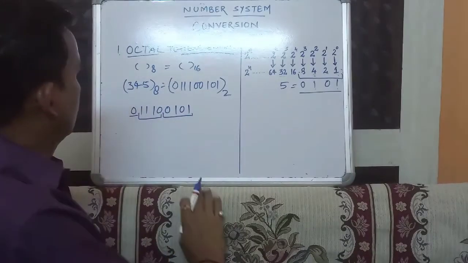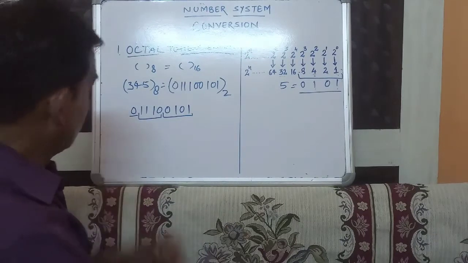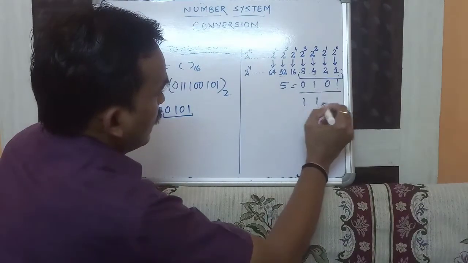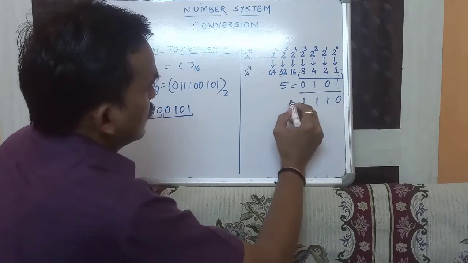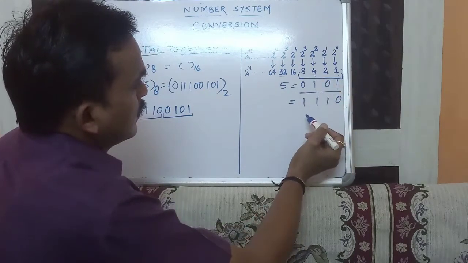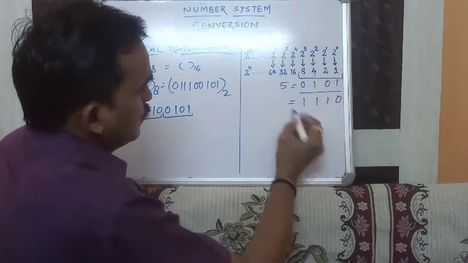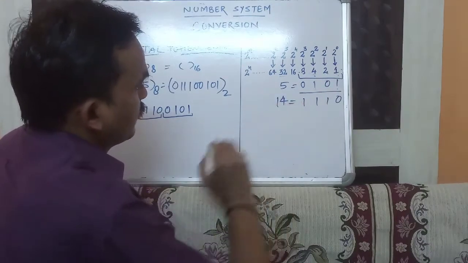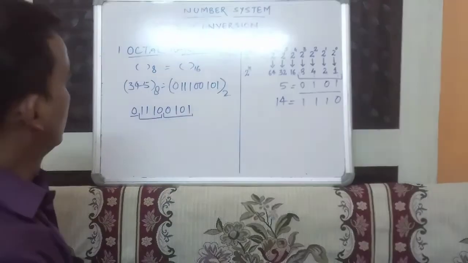Again there is another number, that is 1110. So the value is 8 plus 4, 12 plus 2, 14. Right?